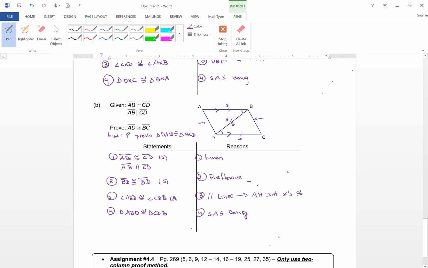And we know that if two triangles are congruent to each other, then all of their corresponding parts are congruent. So since the two triangles are congruent to each other, these sides which are within the triangles are congruent to each other. So AD is congruent to BC, CPCTC.